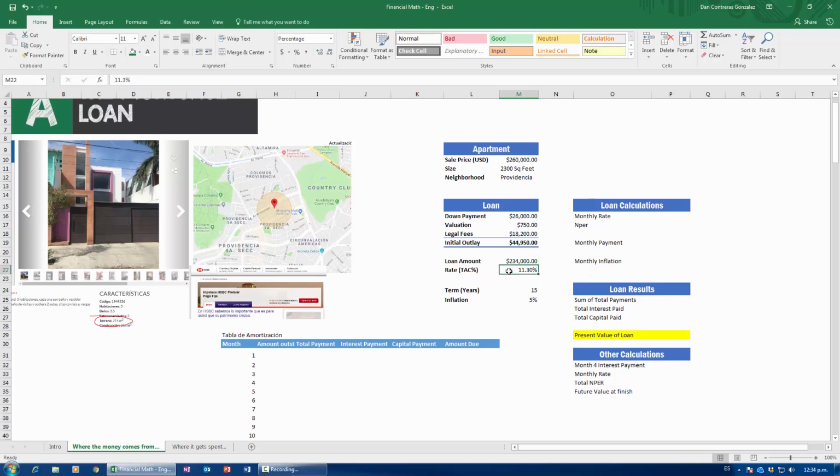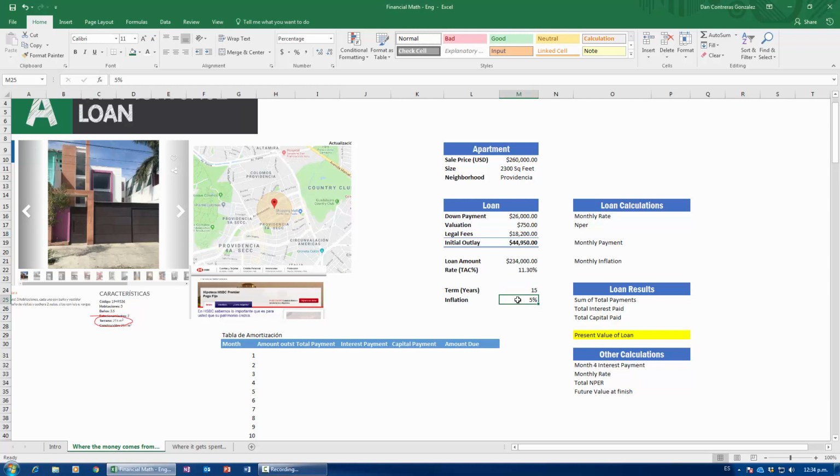The rates in Mexico right now are about 11%. TAC means total annual cost. That includes taxes, insurances, and every single thing that the bank tacks onto your loan. So this is the one that we use. We're supposed to be taking out the loan for 15 years, and we're going to assume a 5% inflation.